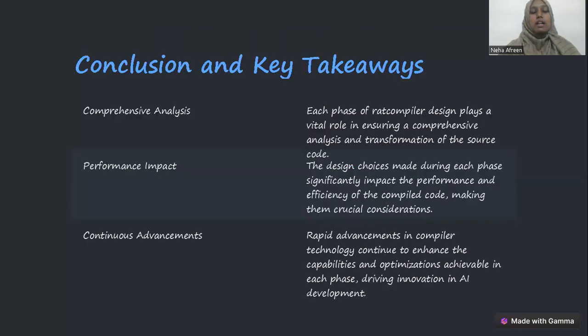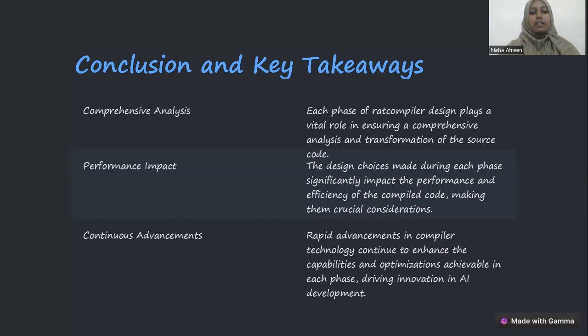So here we are at the end, as conclusion and key takeaways. Comparative analysis. Each phase of RAT compiler plays a vital role in ensuring a comprehensive analysis and transformation of the source code. Whereas the performance impact of the RAT compiler design, the design choices made during each phase significantly impact the performance and efficiency of the compiled code, making them crucial considerations.